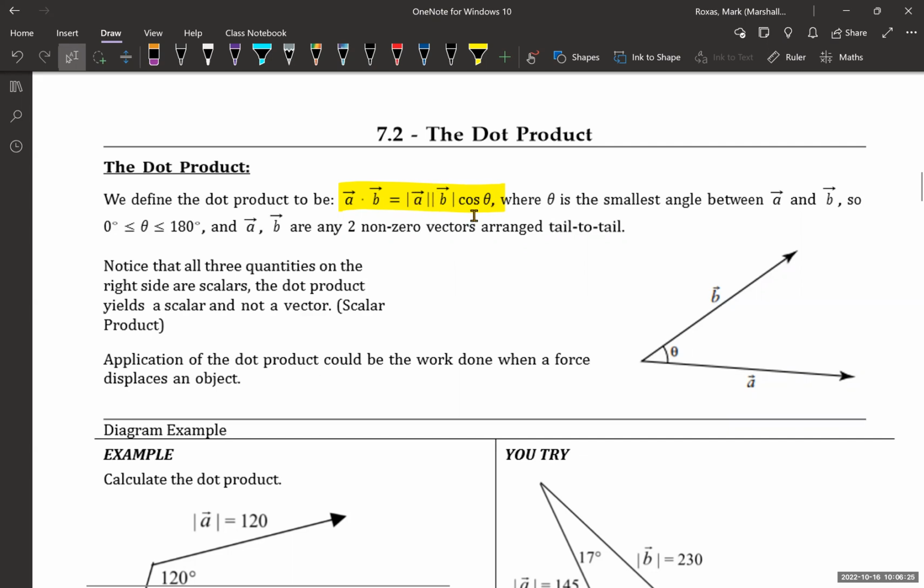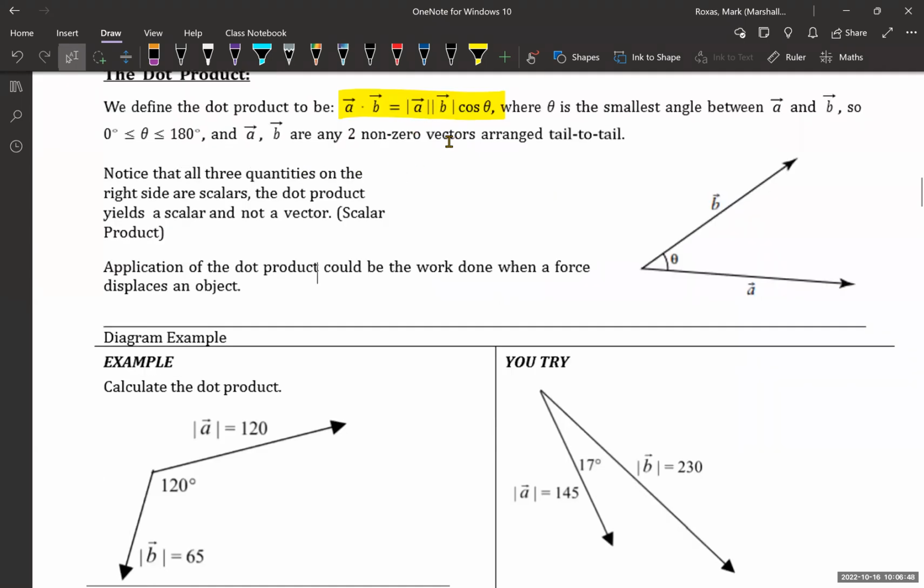Magnitudes are scalars, the cosine of theta is a scalar. So the resulting product is a scalar. Unlike the previous multiplication we did in 6.3, which had a vector as a product, this one is going to be a scalar. We're going to look at another type of multiplication called a cross product later on, which is different, and that product will be a vector. But this one, we're focusing on producing the scalar product.